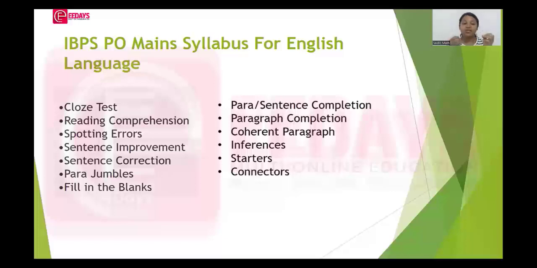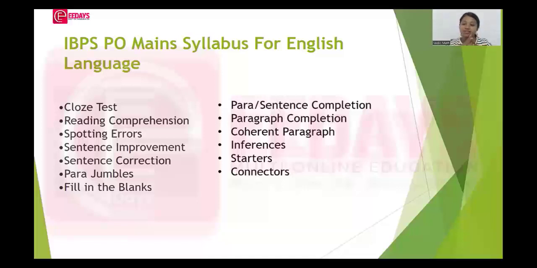So you're going to read it, and you're going to fill that with a suitable meaning that matches the context. And then next comes the coherent paragraph. There would be a certain paragraph given, and you are going to find out the sequence of the paragraph. Okay, the sequence that's going to match that certain paragraph.